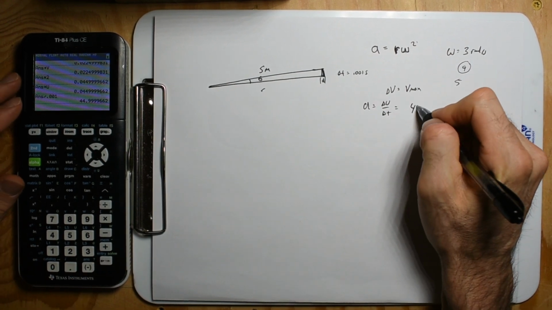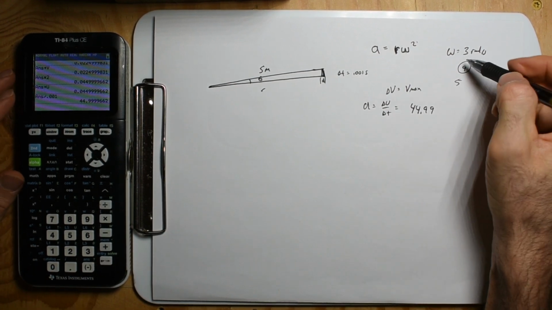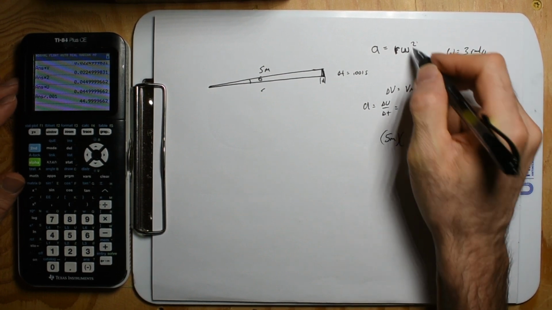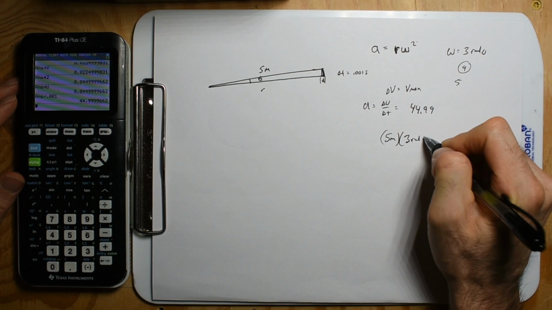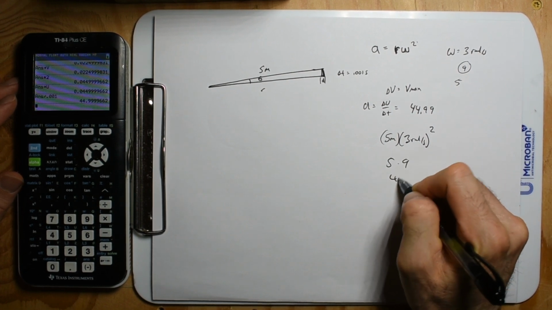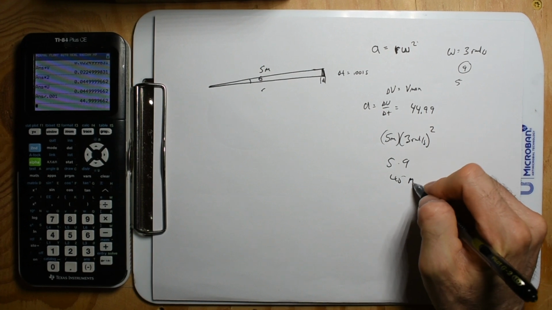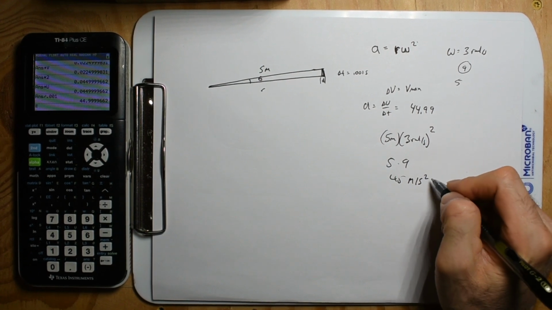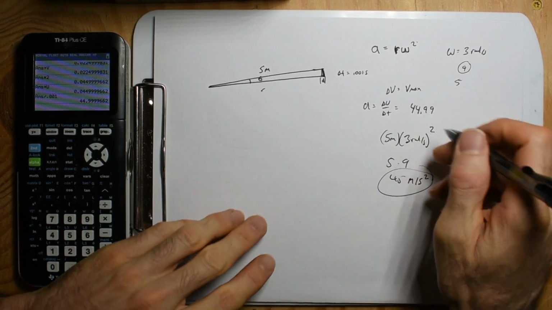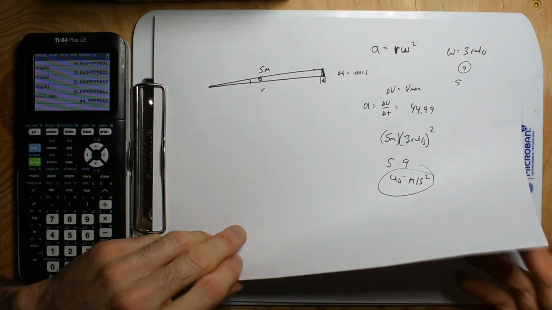We get an acceleration of 44.99, and that's what we would expect. We have 5 meters, omega is 3 radians per second, squared, and we get 5 times 9, 45. So we get 45 meters per second squared, and that's our acceleration. So that is a total check on reality.